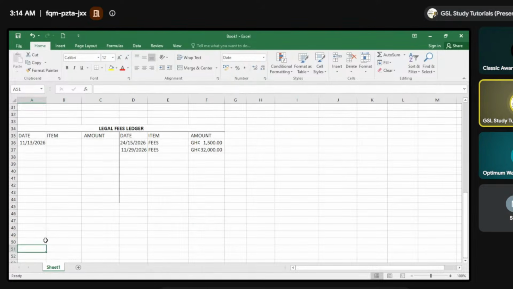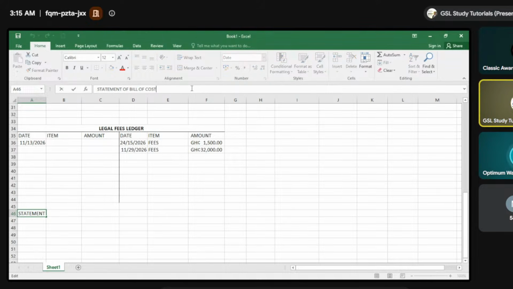Statement of bill of cost. Don't forget you always have to bring the date.